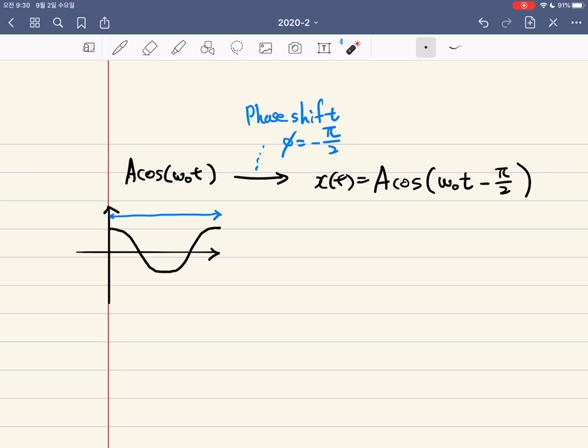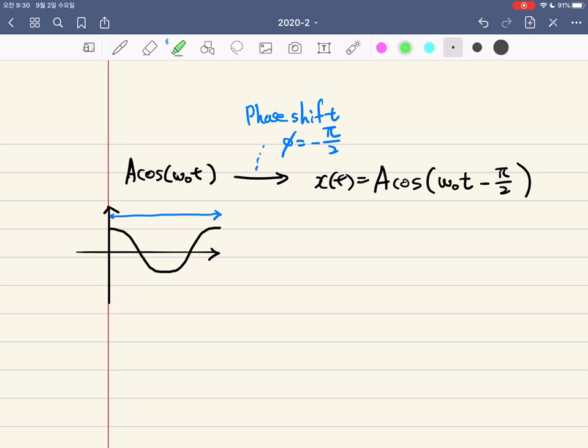So we can say that by shifting the phase over minus pi over 2 means we are shifting the whole signal an amount of a quarter, which means 1 over 4. Like 1/4 part of the signal will shift to the right side.